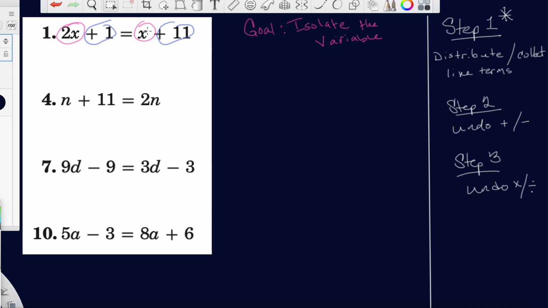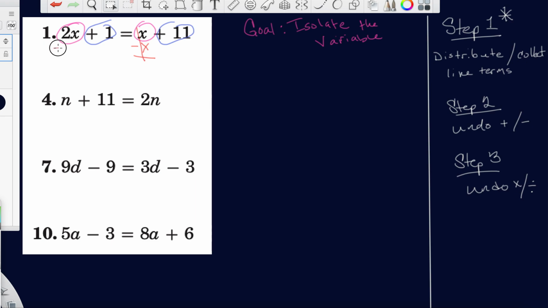How do I get my x's over here? Well, I have an x over on the right, and I have to show the opposite of that. I would say I have to subtract it. I just think of showing the opposite of positive x, which is negative x or minus x. They're the same thing, and then that goes away over here.